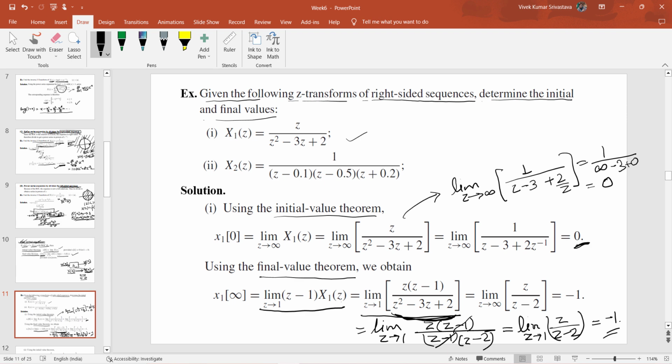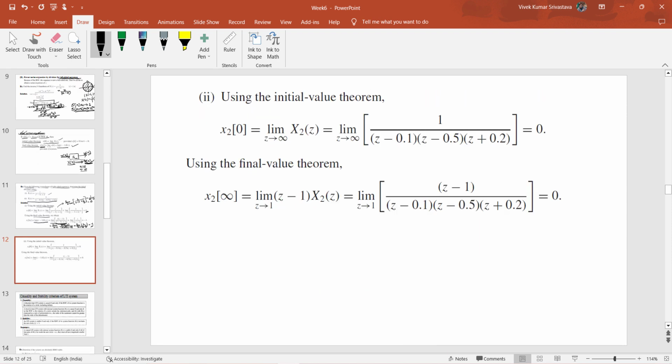Similarly, we can determine the initial as well as final value for this X2 of z. For determining the initial value, we will put z as infinity. If you put z as infinity here, the overall expression will give 0, since it will be in the form of 1 over infinity, which gives you 0.